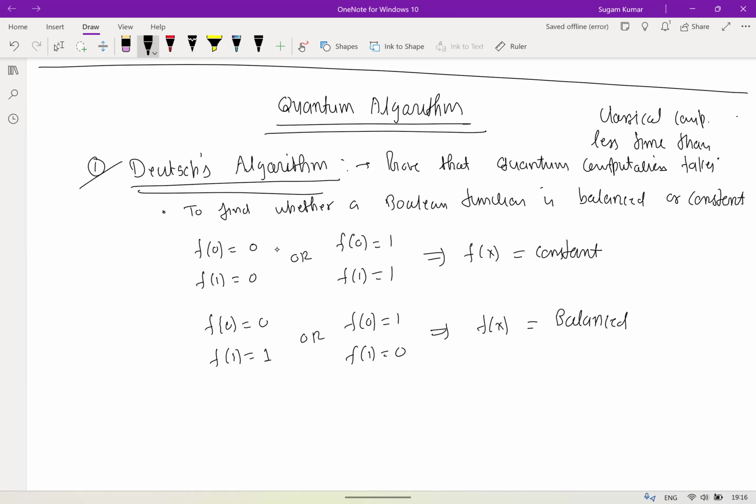So that was the purpose of the Deutsch algorithm. This is not a practically usable algorithm in the laboratory. This was, I can say, a kind of proof to show that quantum computation is faster in comparison to classical computation.